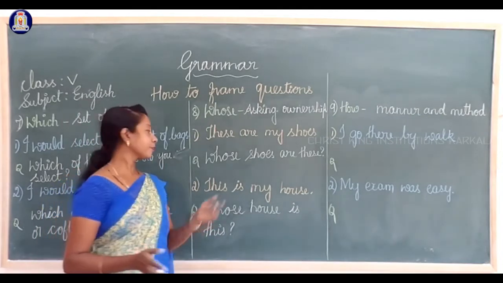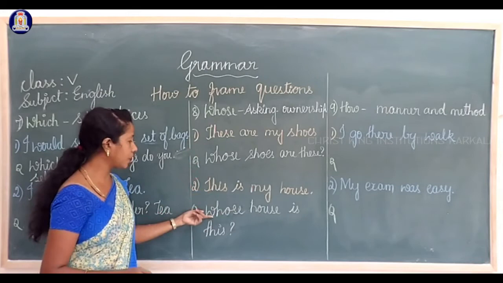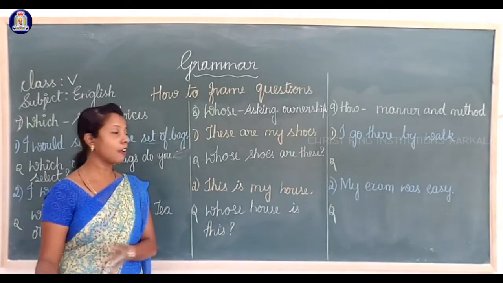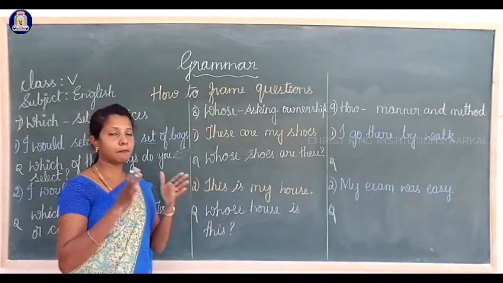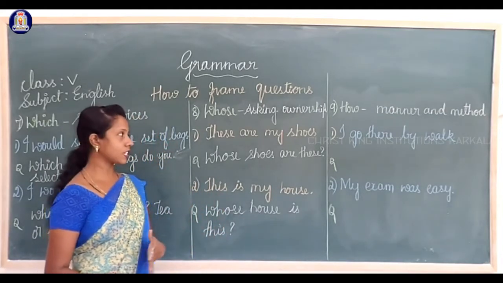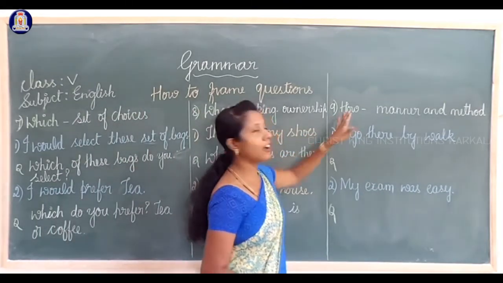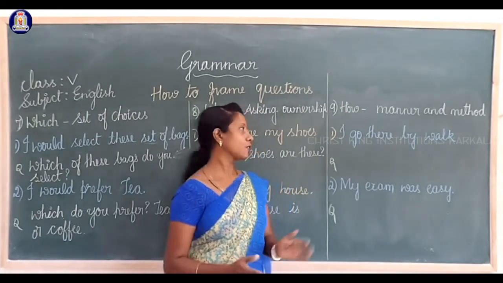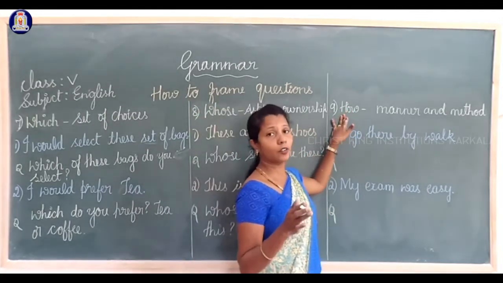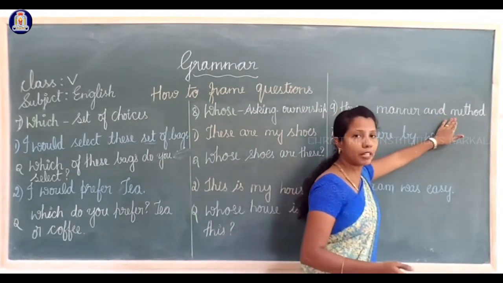And remember, when you are using WH questions, the sentence begins with the WH word. It doesn't end there, but begins. In most places, it begins with the WH word. And now the last one, we have how. This tells us about manner and method.